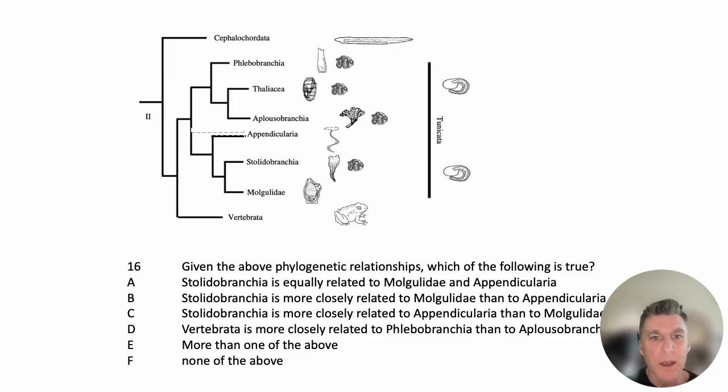So option C, where we say Stolidobranchia is more closely related to Apendicularia than to Molgulidae, isn't correct. Answer B, where Stolidobranchia is more closely related to Molgulidae than to Apendicularia, is the right answer. And I would encourage you to go through those other answers and see why they're wrong. That's the only right answer among those.